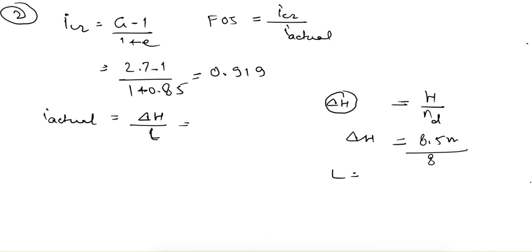So the actual hydraulic gradient will be 8.5 by 8 into 3, which comes out to be 0.354.